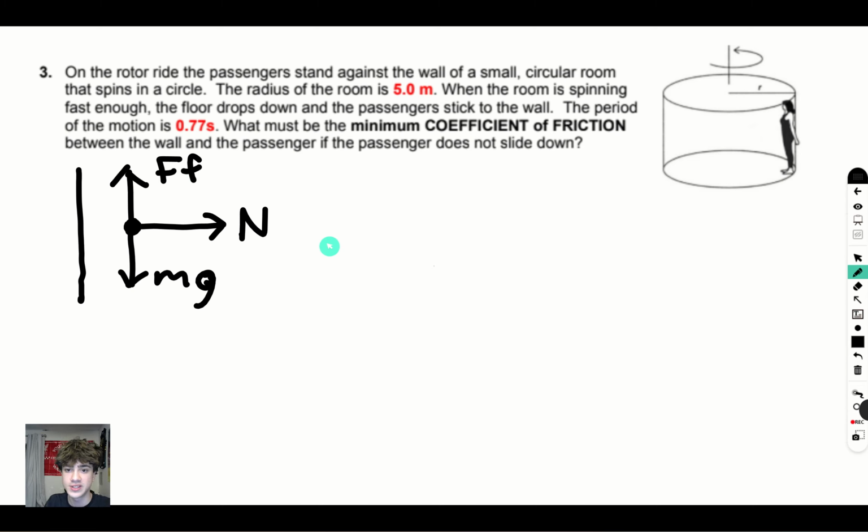Now, since the prompt reads that the person is not going to be sliding, that means that the acceleration in the y direction is going to be equal to 0, meaning that the forces are going to cancel out. In other words, our frictional force is going to be equal to our gravitational force. So let's write that out. Ff is equal to mg.